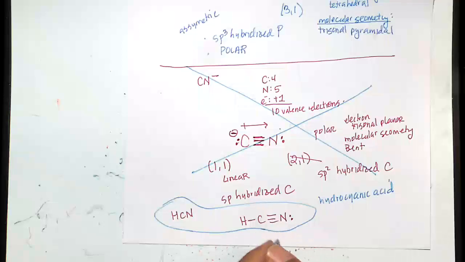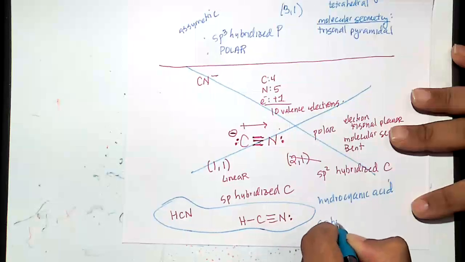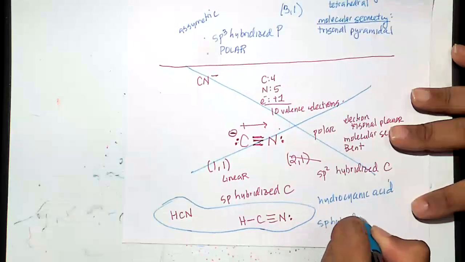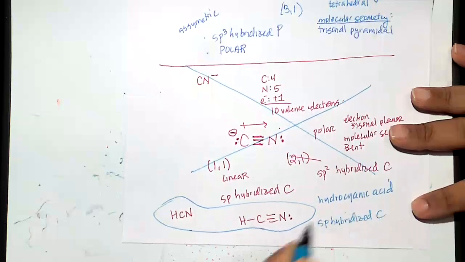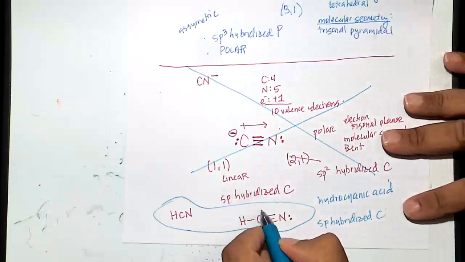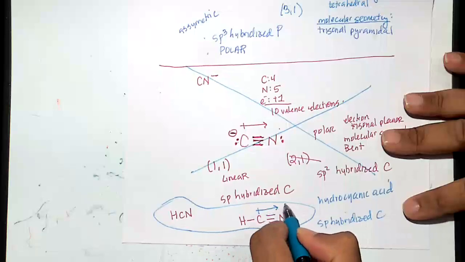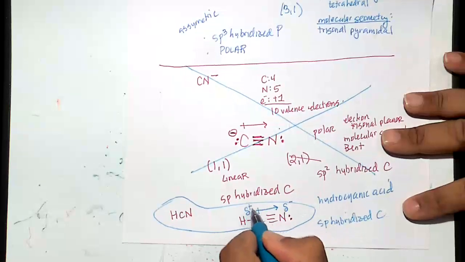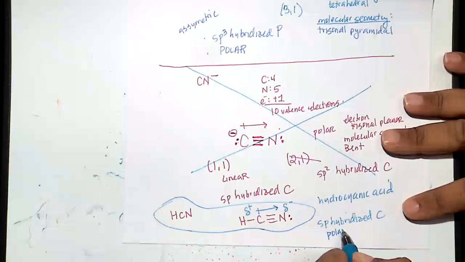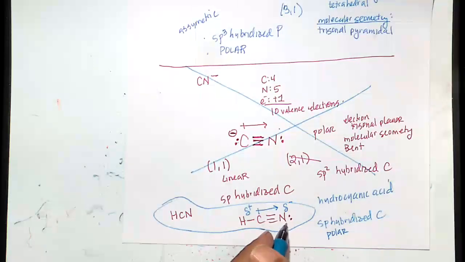And this is an sp hybridized carbon. Is this polar or non-polar? Polar. The nitrogen has a stronger pull than the carbon.